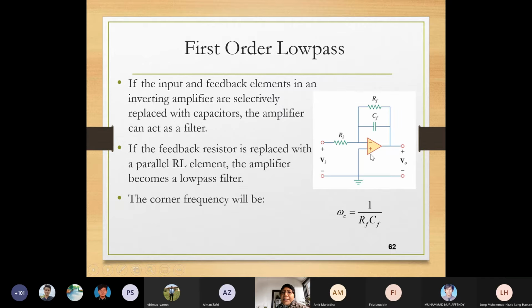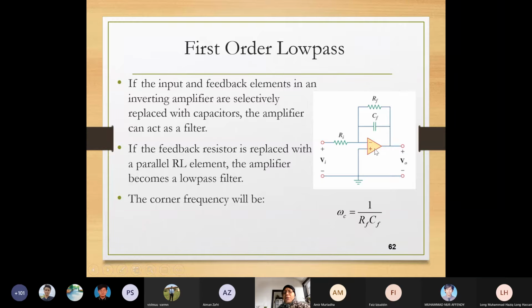An op-amp has two inputs, the negative input terminal and the positive input terminal, and normally the positive terminal is grounded. Later on in your electronic circuits, you will learn there are many ways to connect op-amp circuits. You can make an inverting amplifier, non-inverting, unity gain. I'm not going to touch on that.